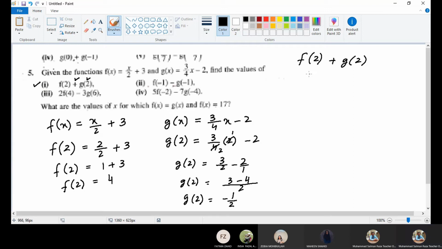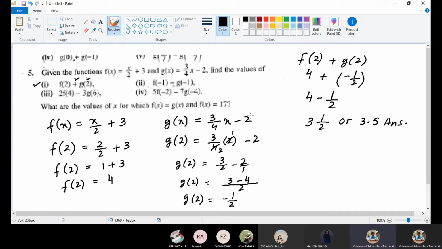The f of 2 answer was 4, and the g of 2 answer was minus 1 upon 2. So we are going to write it like 4 minus half. And when you subtract half from 4, you get the answer 3 and 1 upon 2, or 3.5. So this is how we solve the question.